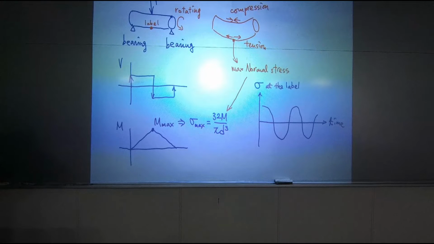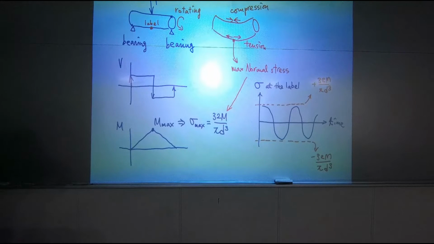Okay, and the magnitude of those, basically, this will be positive 32M over pi d cubed. And this will be negative 32M over pi d cubed.